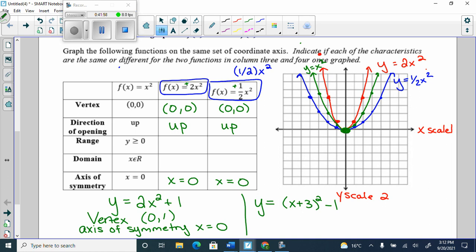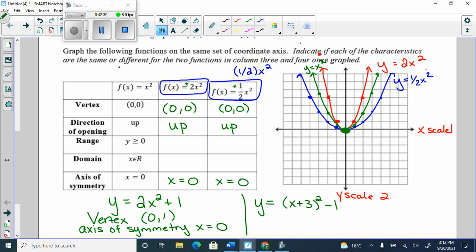Press graph. Is it at 0, 0 still? Certainly doesn't look like it. Is it concave up still? Yeah. Is it a minimum still?